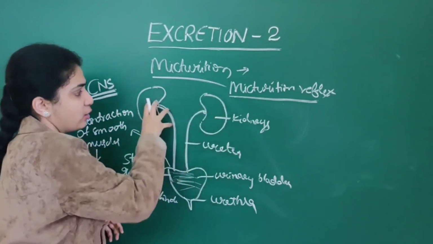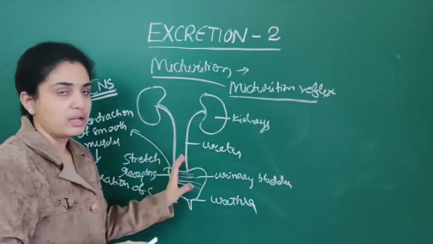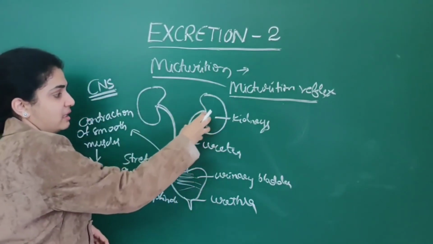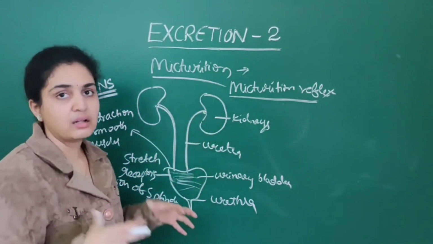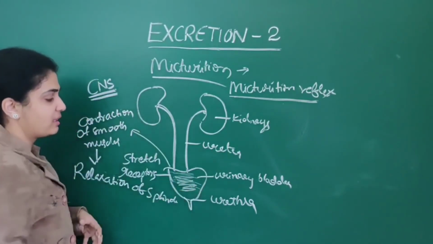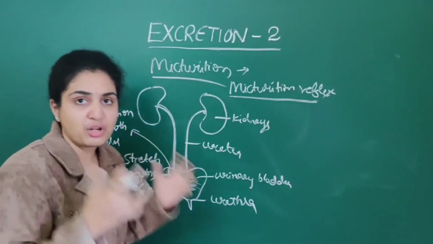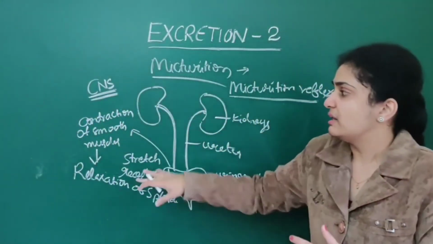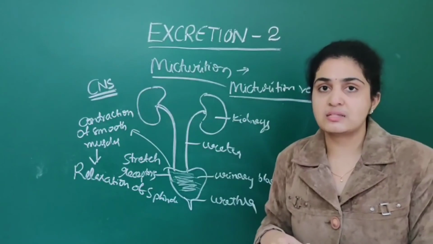So mainly there are a pair of kidneys, ureters, the urinary bladder and the urethra. From the kidneys, through the ureter, the urine is passed out and temporarily stored in the urinary bladder. The stretch receptors present in the urinary bladder send signals to the CNS.